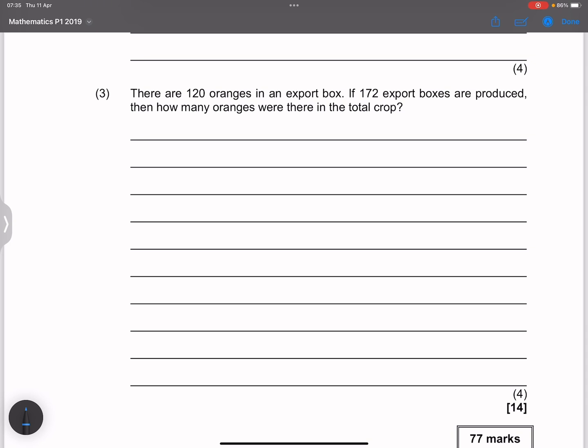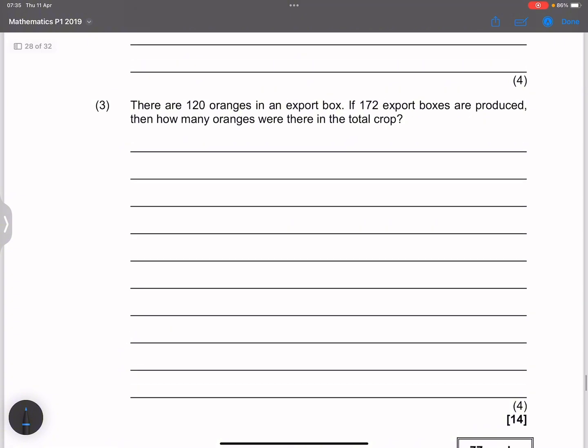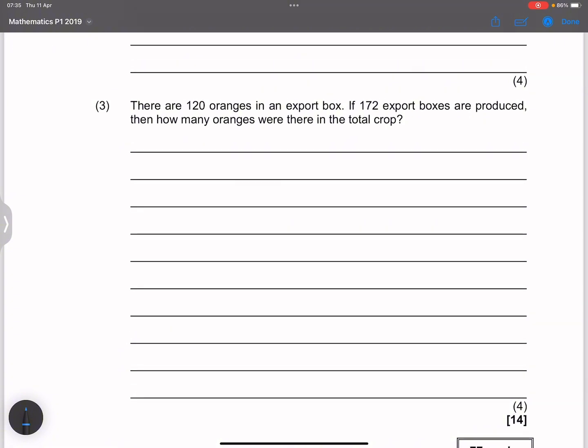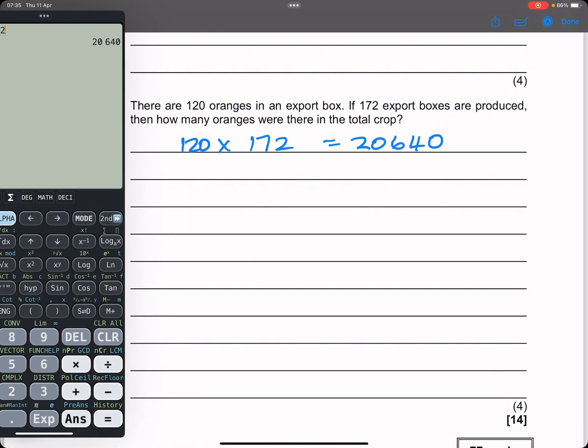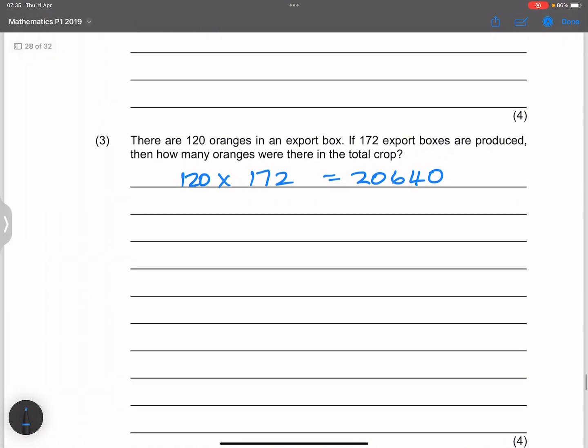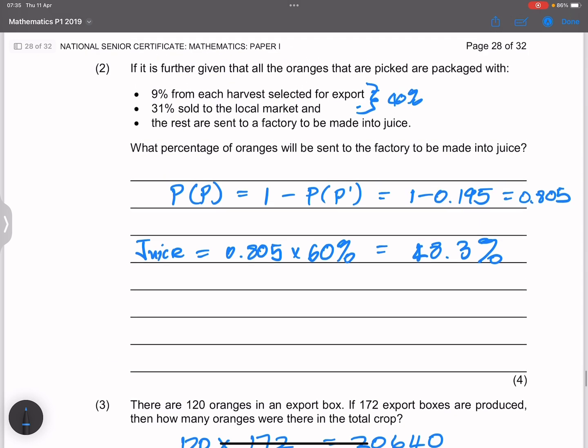So ladies and gents, I want you to note, remember that the export boxes, that's 120 times 172. Let's get the number of oranges there. So 120 times 172 is going to be 20,640 oranges, right?